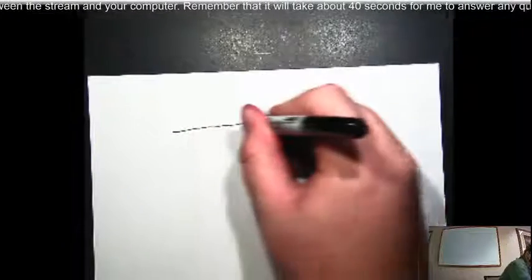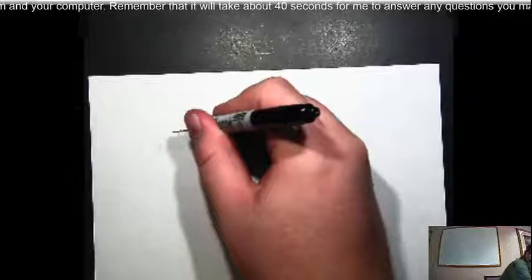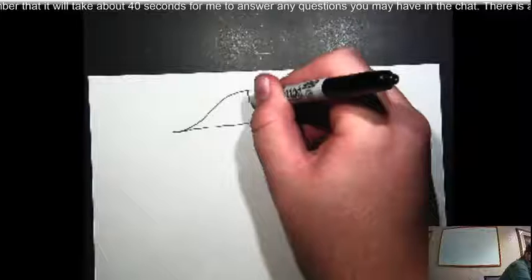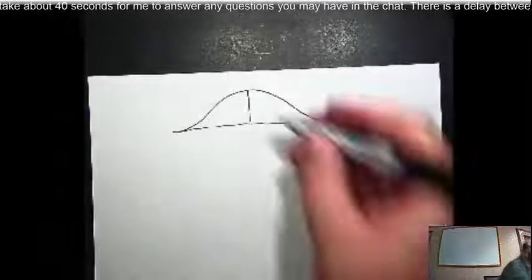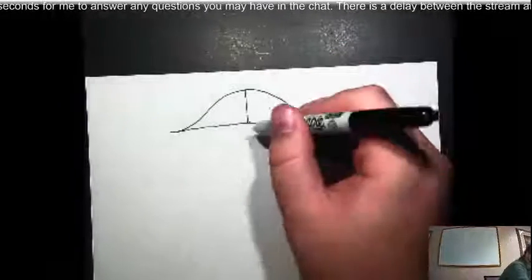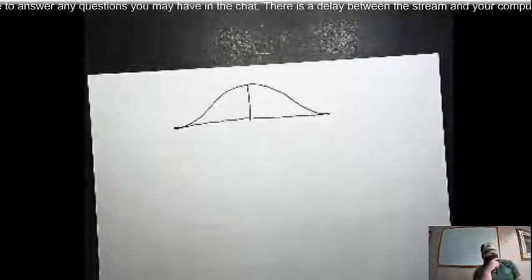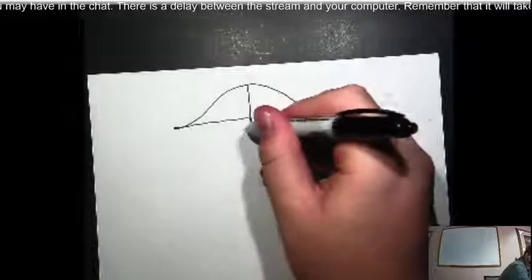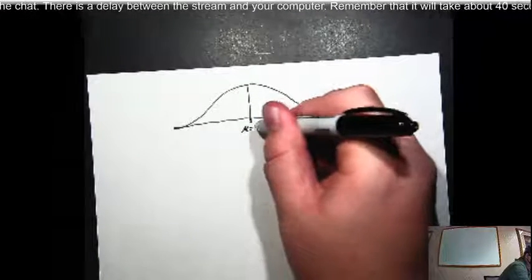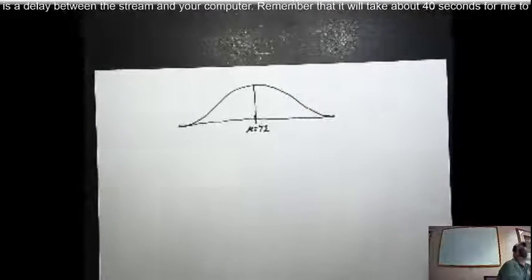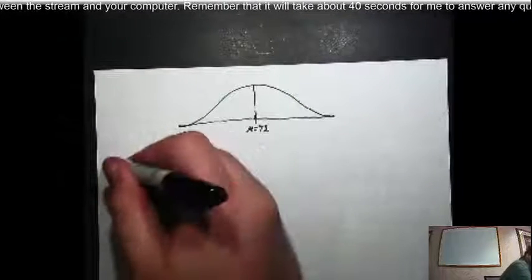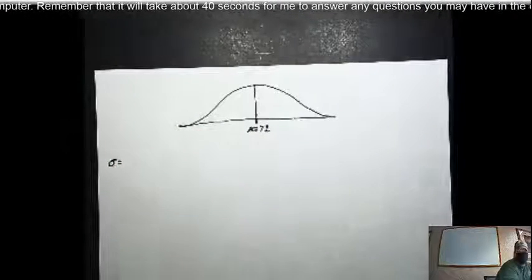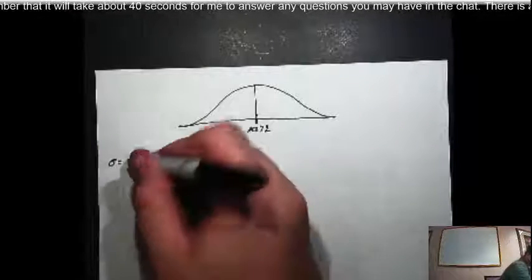Let me make a graph here that we can work with. Again, the mean is always going to be in the middle of that curve, the very highest point. And let's see, let's have a mean of 72. And our standard deviation will be 2.